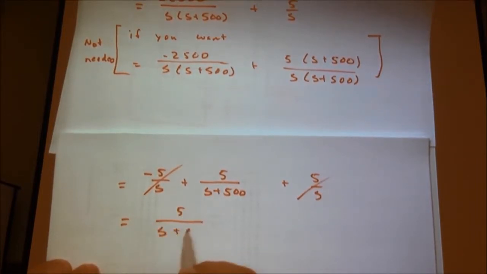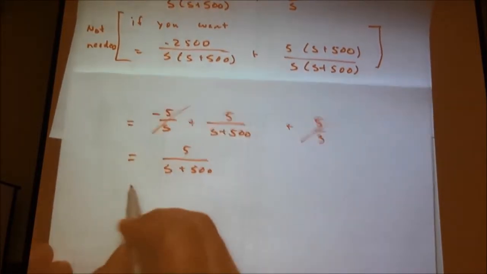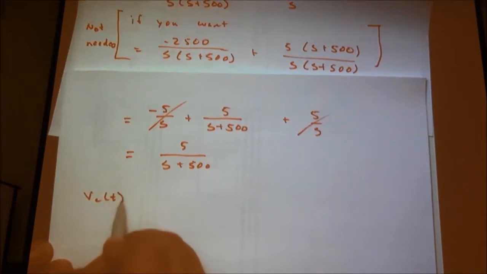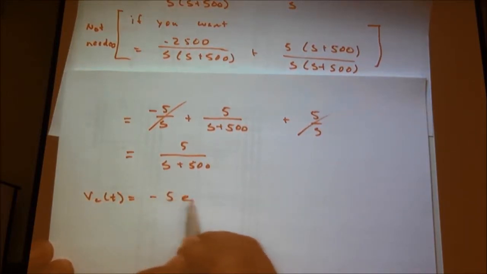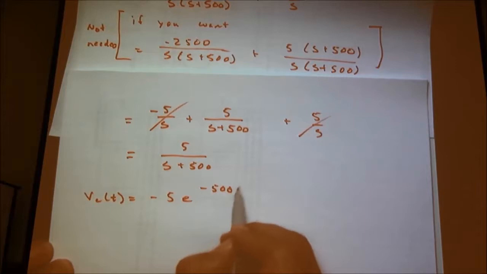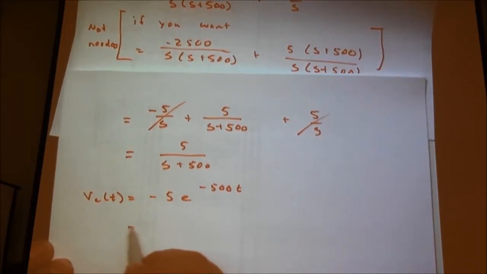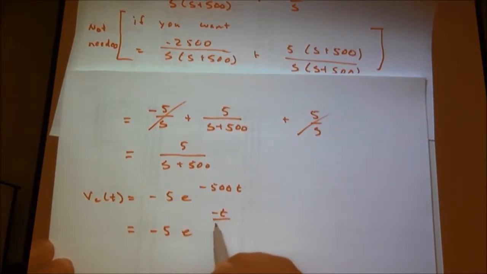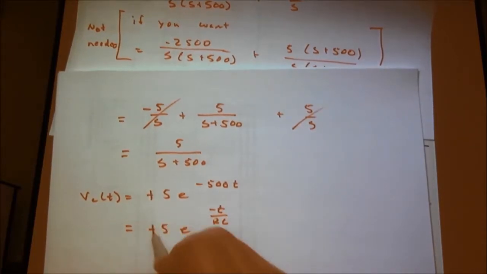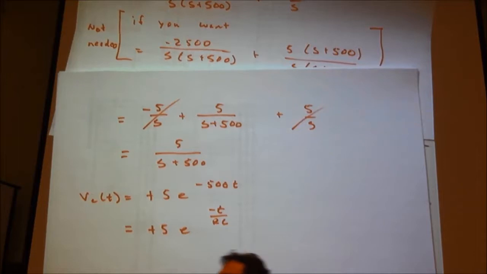5 over s plus 500, and that gives us a Vc of t equals 5 e to the minus 500t. Which, if we check, winds up being the same thing as 5 e to the minus t over RC, which would be consistent with the capacitor discharging in an RC circuit.